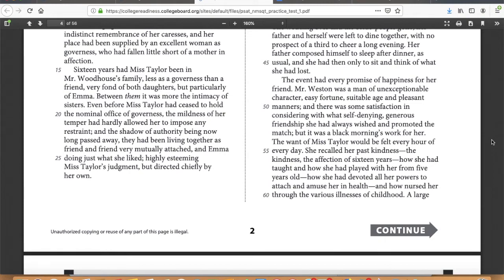Okay. There was some satisfaction in considering with what self-denying, generous friendship she had always wished, and promoted the match. Okay, what does that mean? She wished that she knew him better. I don't see that.